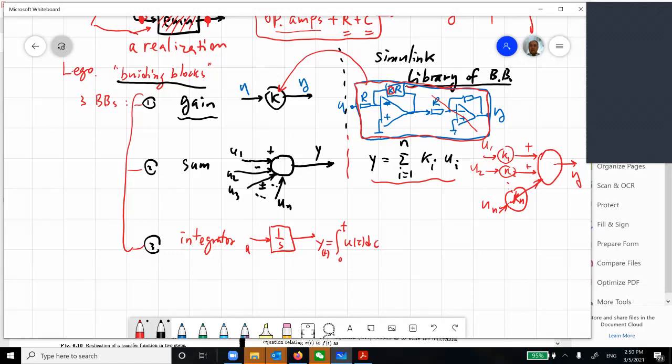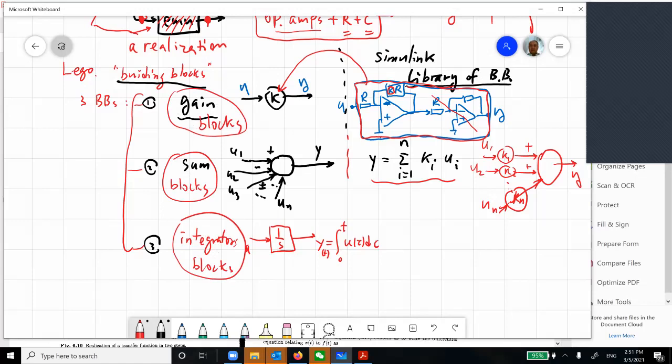So I assume you have many of those gain blocks, and also I should have summation blocks. Remember you have Lego, you have so many blocks in here. You have also so many blocks for summation, and you have so many blocks of integration, integrators.